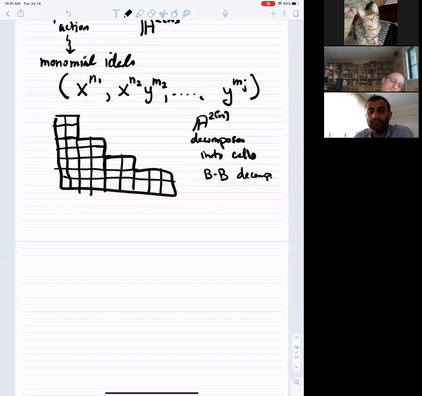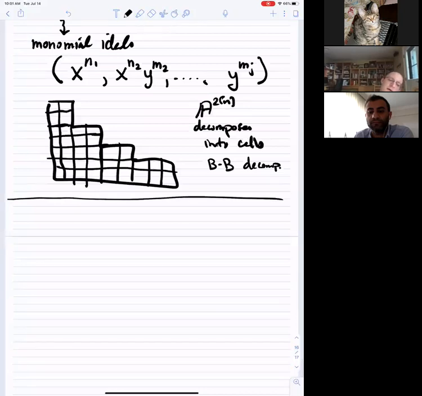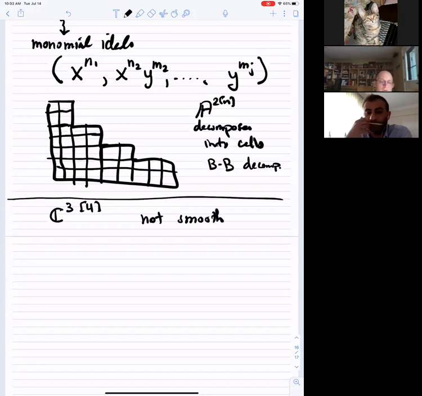If you look at even the Hilbert scheme of 4 points on C3, this is not smooth. It turns out that if you take 3 points or 2 points, it's always smooth.